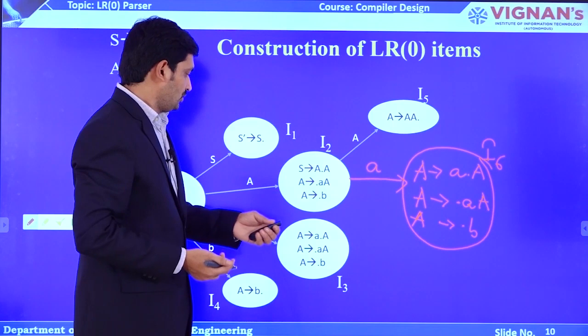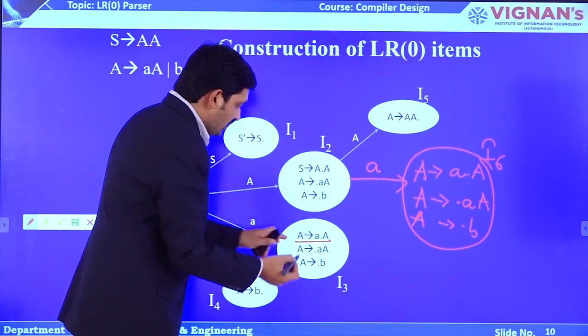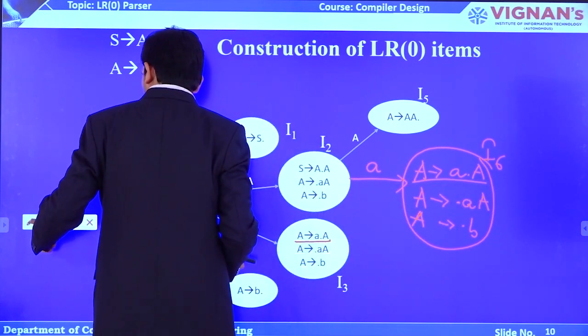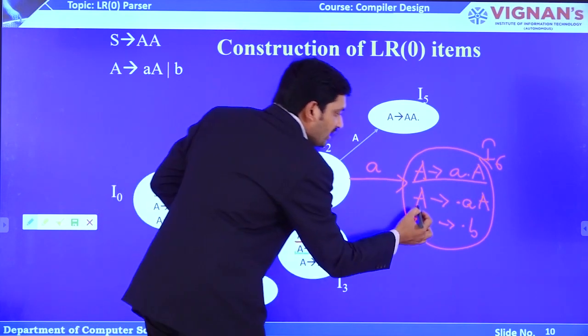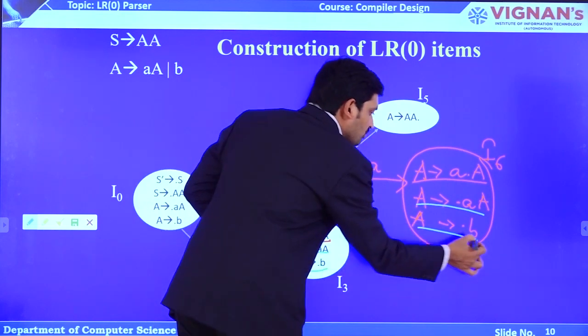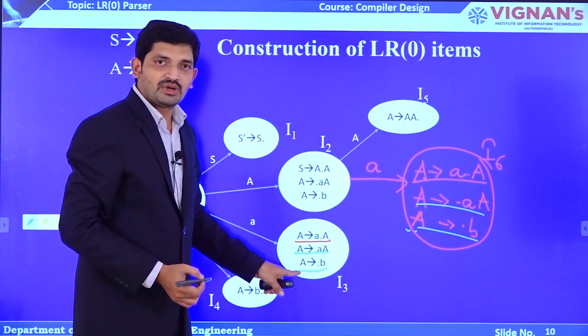But you can observe this is the state which consists of A tends to a dot A, A tends to dot aA, and finally A tends to dot b. That means the same productions as state number I3.